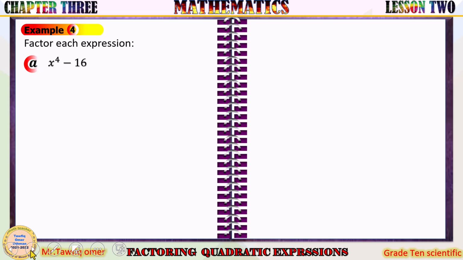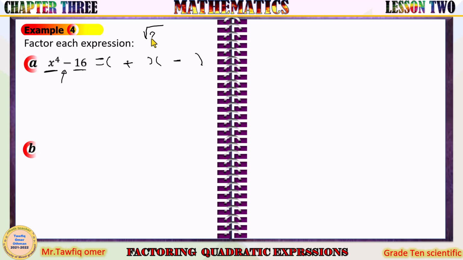Example number 4. Factor each expression. This expression, if we look at it carefully, we can see that the first one is square and the second one is square, and we have a difference between them. So we can open two brackets, one of them positive and the other one negative, and take the square root of x to the power 4.